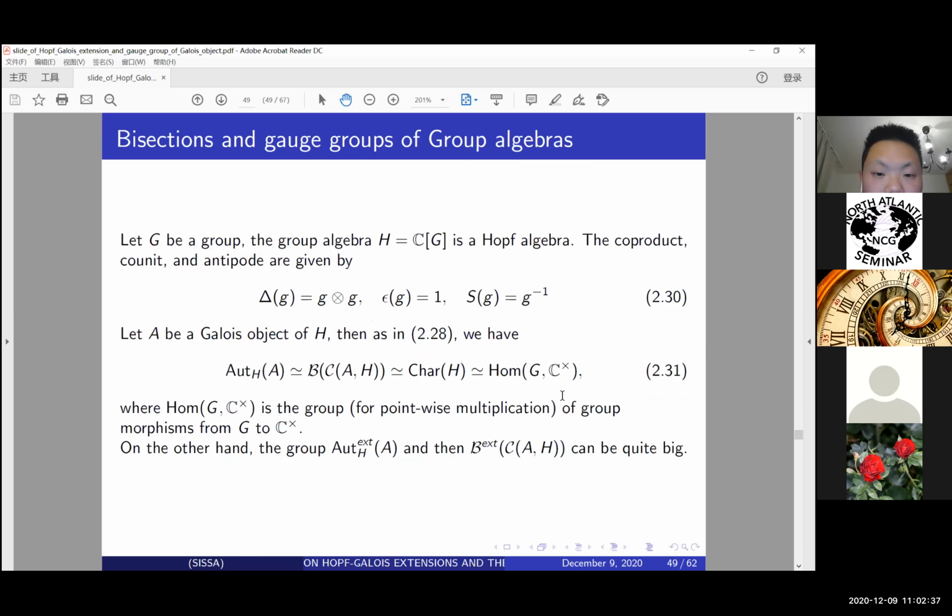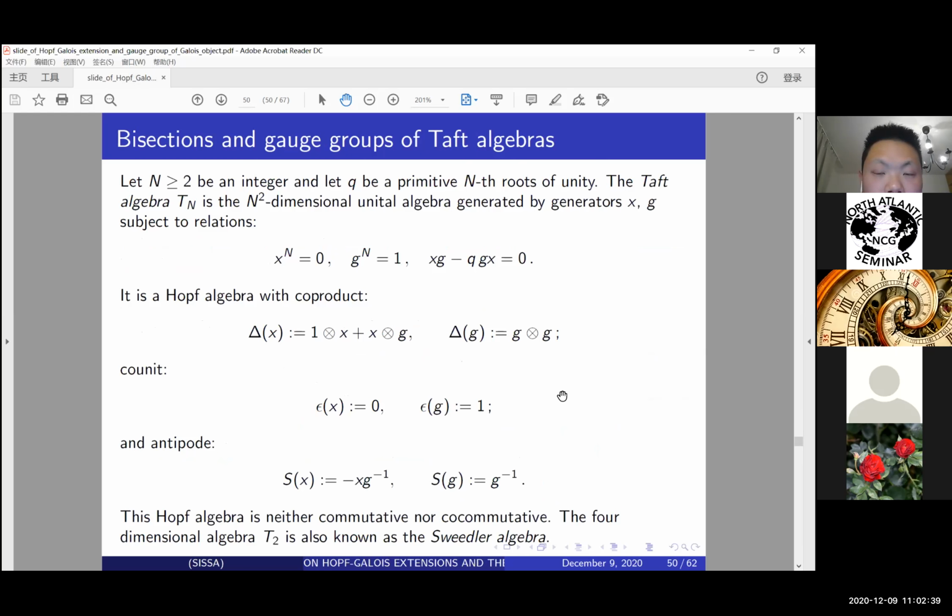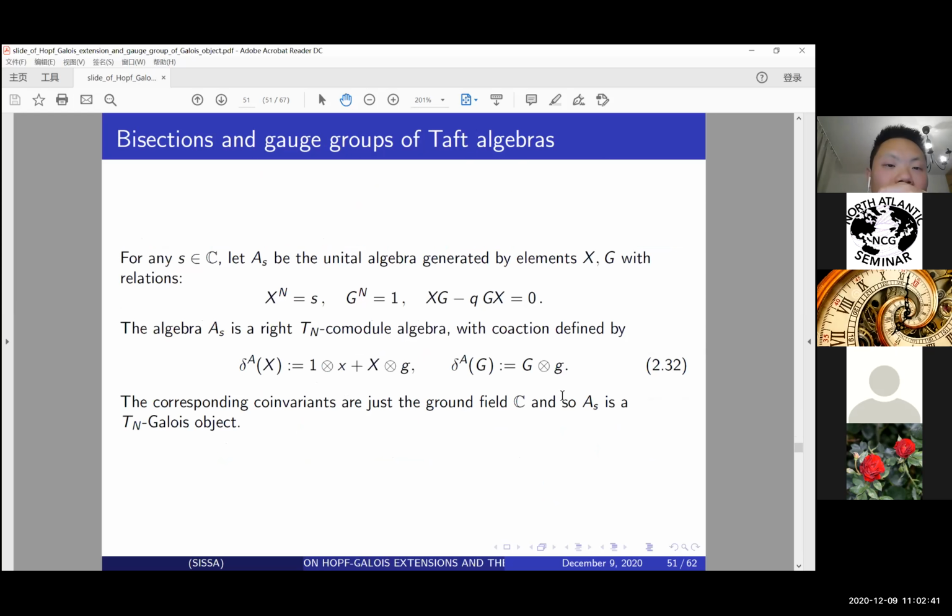You can classify Galois objects for a given Hopf algebra. Okay. So the Galois object of any Hopf algebra, right? No, of the Taft algebra. Okay, so it can be determined by... What is AS? Yeah, what is AS? Okay, sorry, I always misunderstood. So AS is an algebra which can be determined by a single complex number.